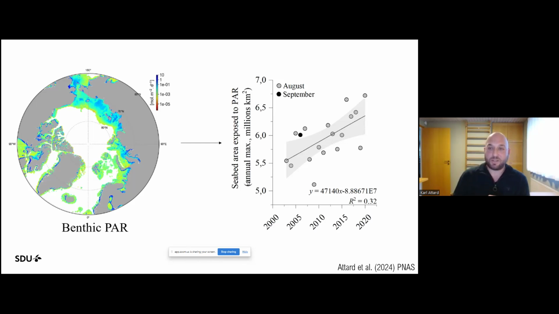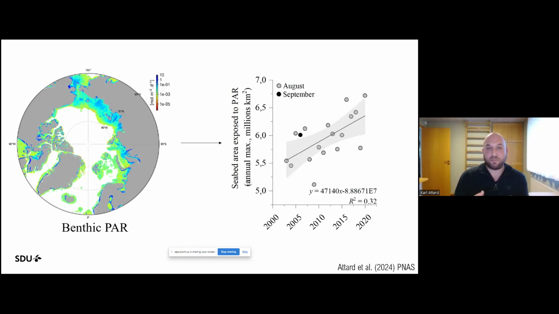And the light exposed region of the Arctic has been increasing at a rate of about 47,000 kilometers squared per year. 47,000 kilometers squared is about the area of Denmark. So the area that's been becoming exposed to light in the Arctic has been increasing.